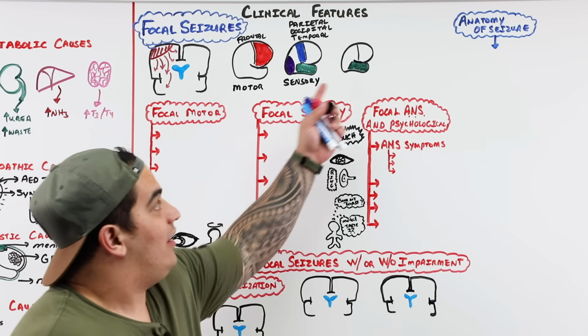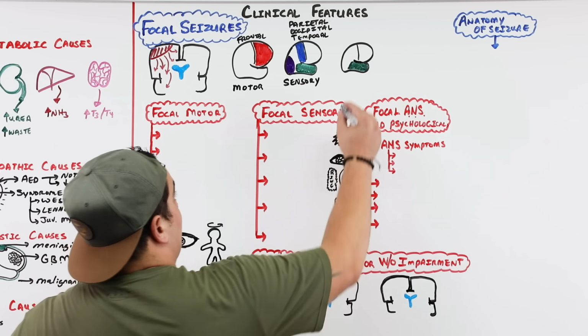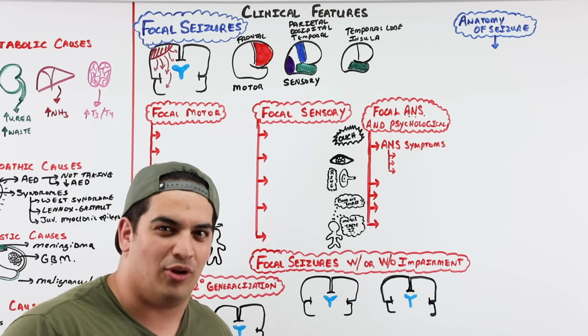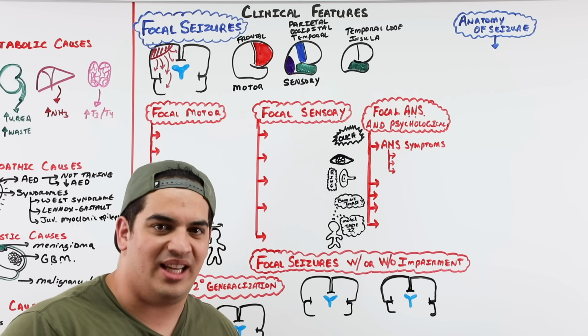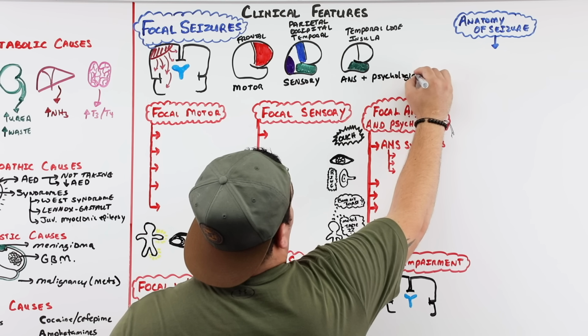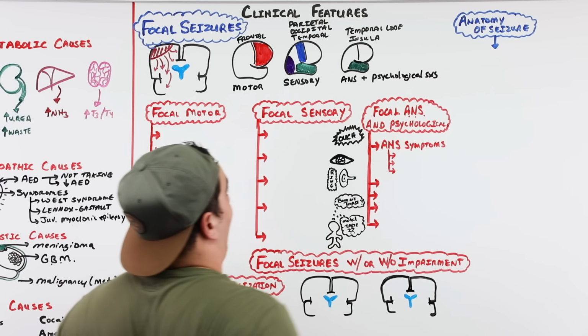The last one I want you to think about is tucked deep within the temporal lobe, and then add on the insula. Involving the deep temporal lobes, the insula, and limbic structures can lead to very interesting types of symptoms: autonomic symptoms as well as psychological symptoms, and we will discuss what I mean by that as well.